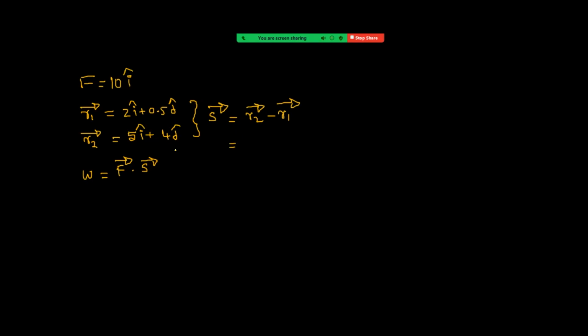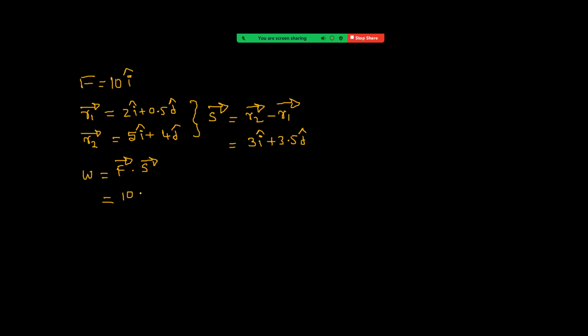See how much we get. 5 minus 2, that is 3, so 3 i cap. 4 minus half, that is 3.5 j cap, right?